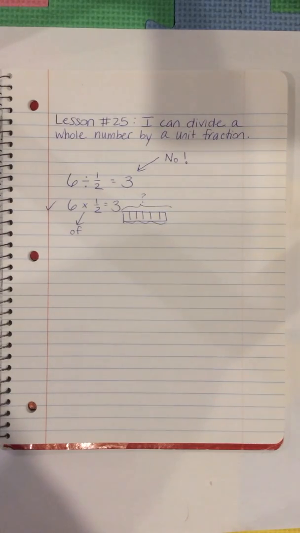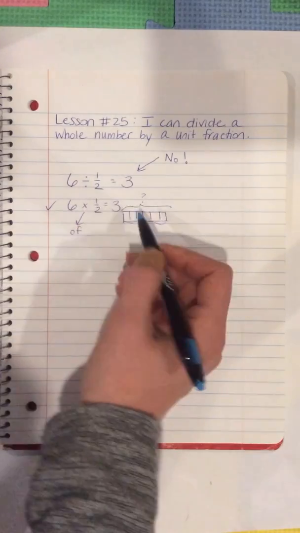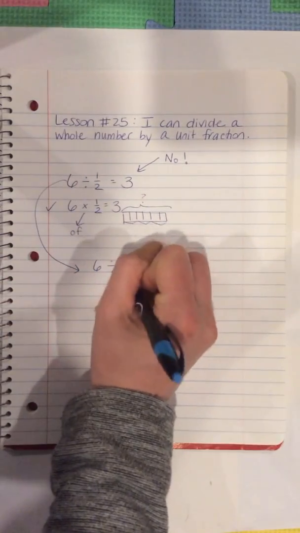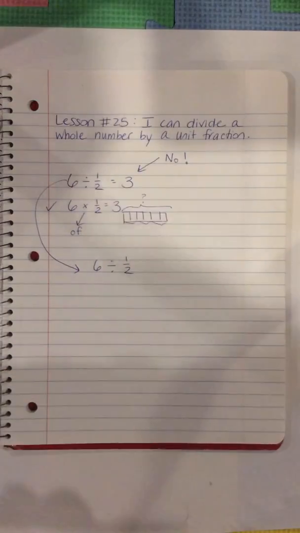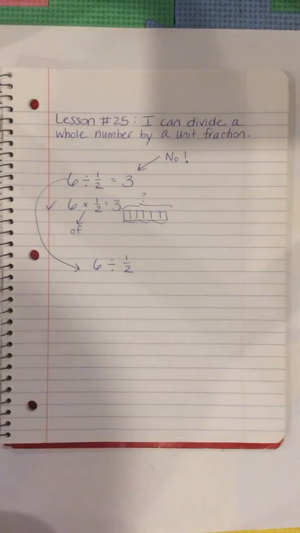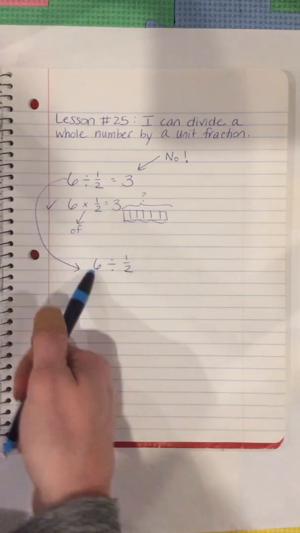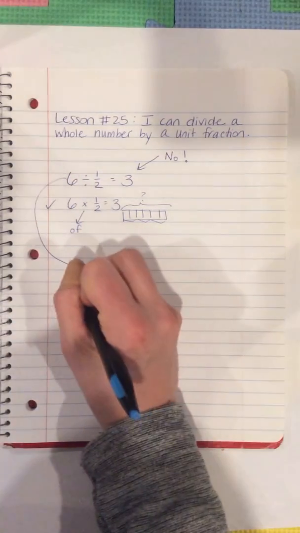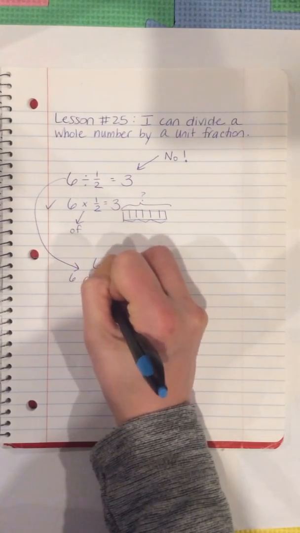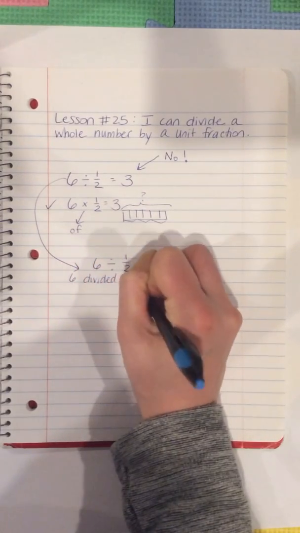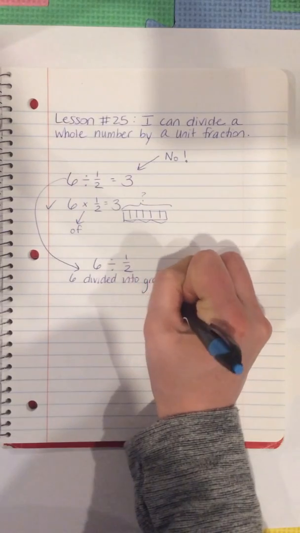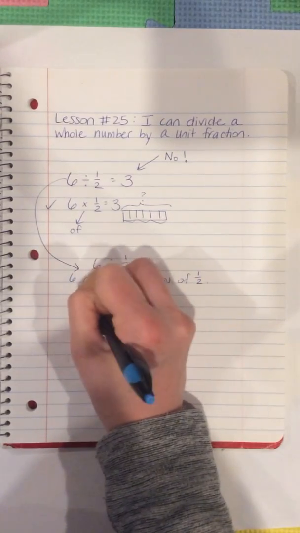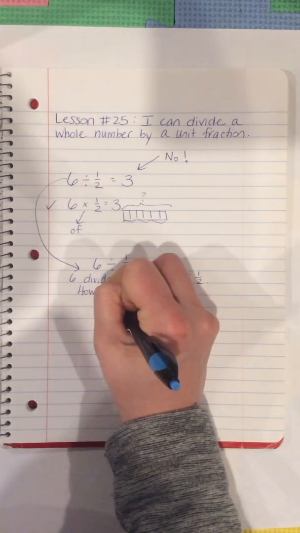If 6 times a half is 3, 6 divided by a half can also be 3. And the reason it's not is because what this is saying, I'm going to rewrite it down here, is not 6 divided in half, but 6 divided into groups of 1/2.